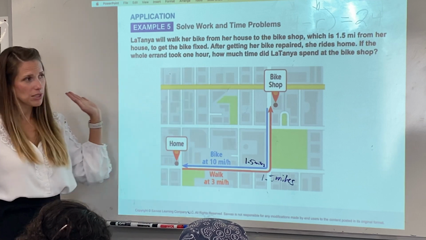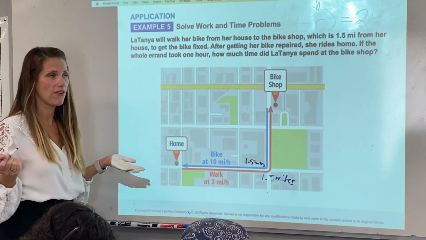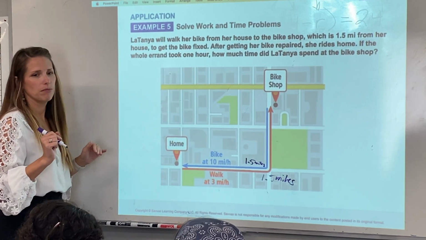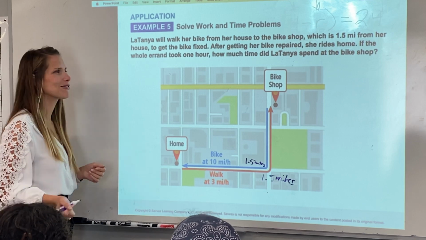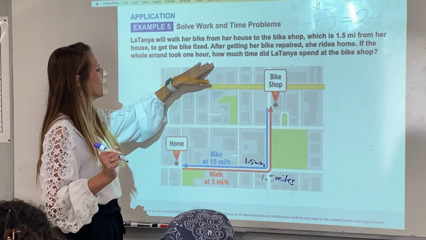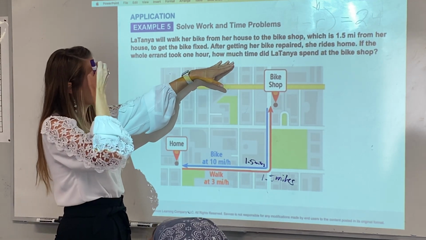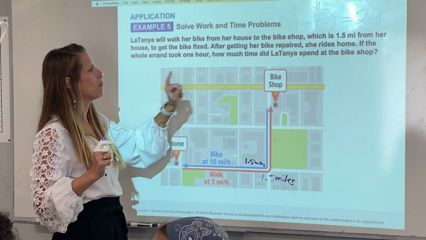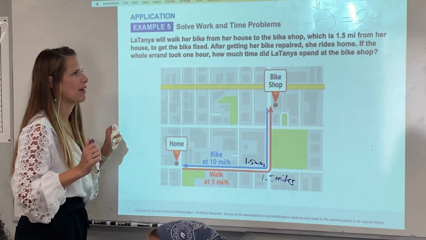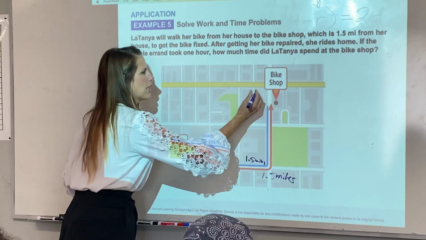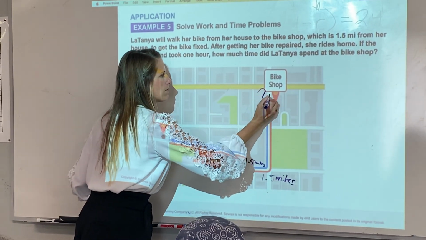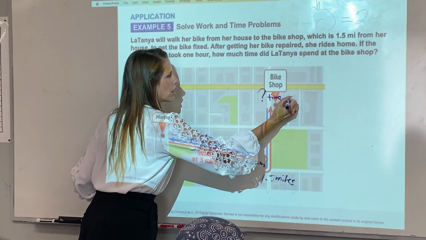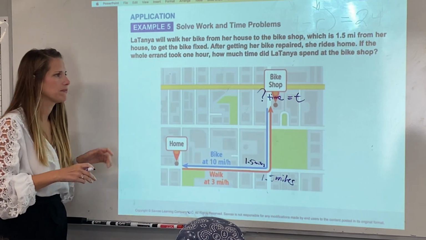I'm just saying, that guy fixed her bike really fast, right? I know it's a guy. It could have been a girl, right? Whoever did it did a great job fixing that bike. So how much time did she spend at the bike shop? How much time? And we can represent that with T, right?